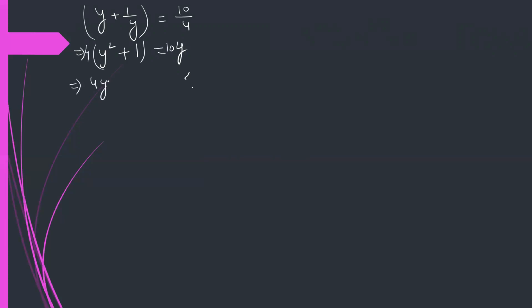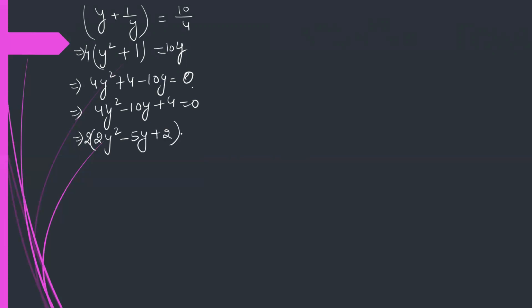We get 4 times y square plus 4 minus 10y equals 0, which means 4y square minus 10y plus 4 equals 0. Take 2 common, you're left with 2y square minus 5y plus 2 equals 0.